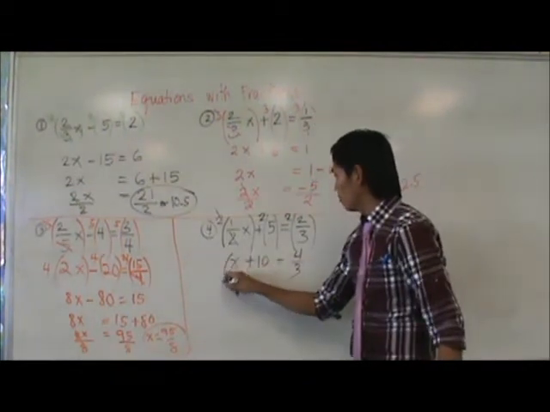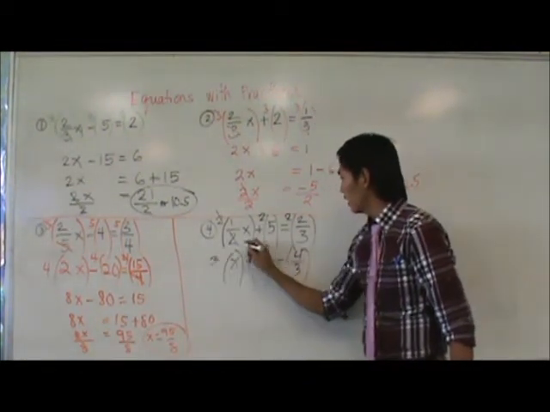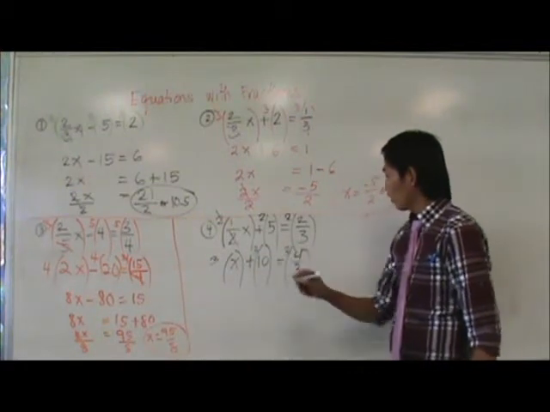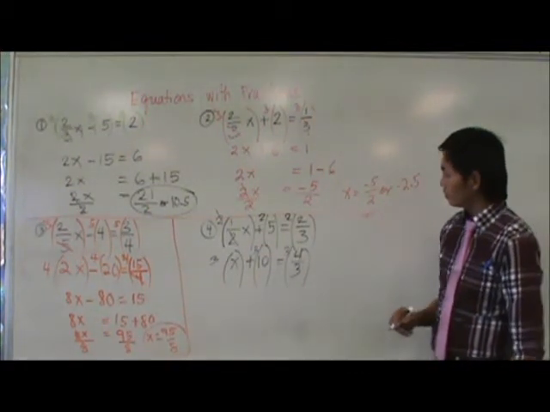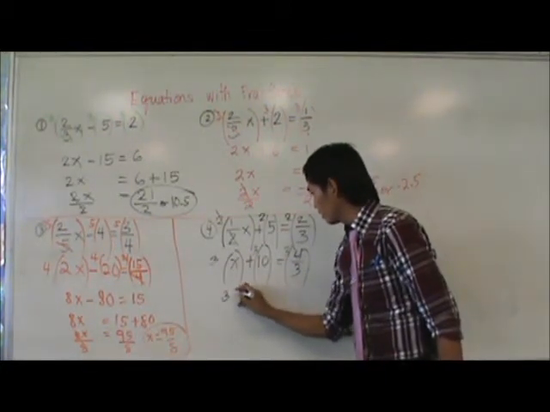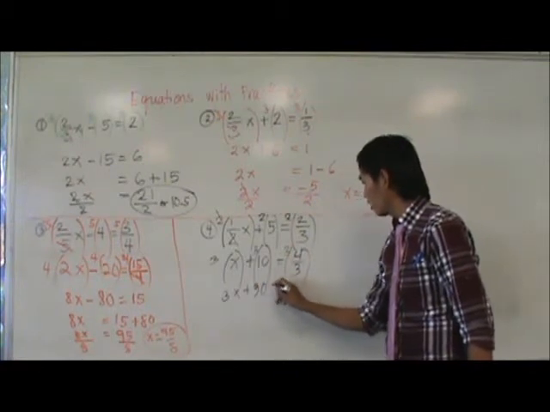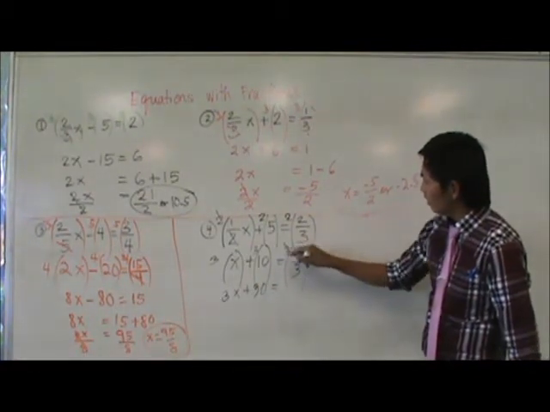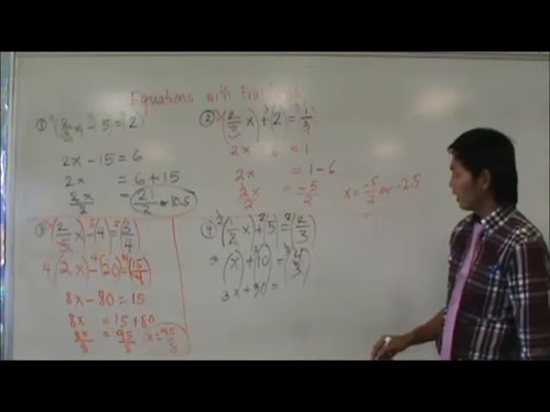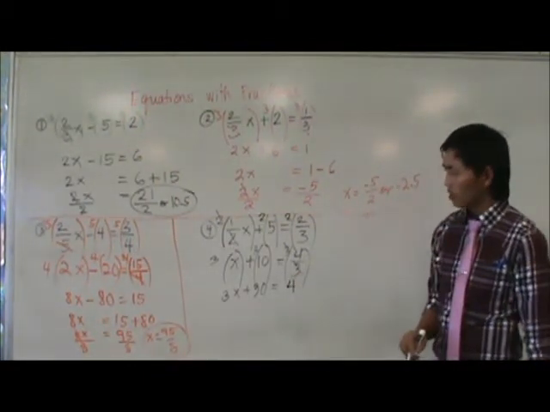So let me get rid of that 3 by multiplying everything by 3. Okay? So here we go. 3 times x, 3x, 3 times 10, 30, and we can cancel out the 3. That's cool. And now you have a 4.